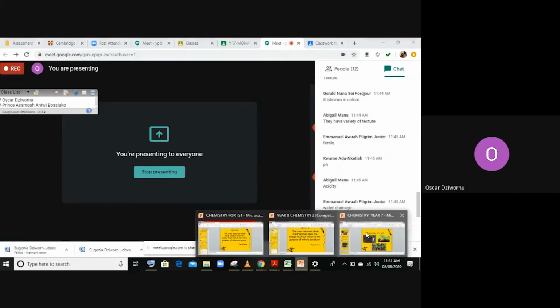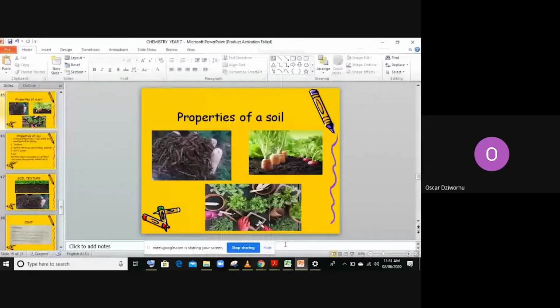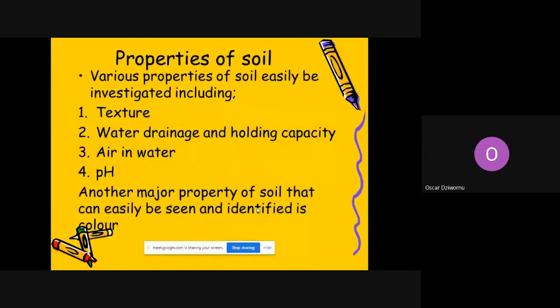Now we're going back to our slide, and we'll look at what the picture is saying. Properties of soil. Various properties of a soil can be used to investigate that particular type of soil. So you can do some experiments to determine these properties, and the results that you find will help you to classify that particular soil sample.